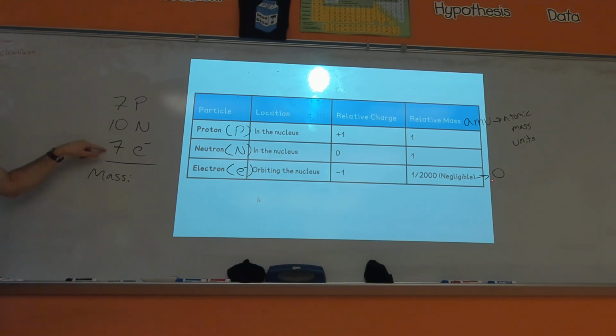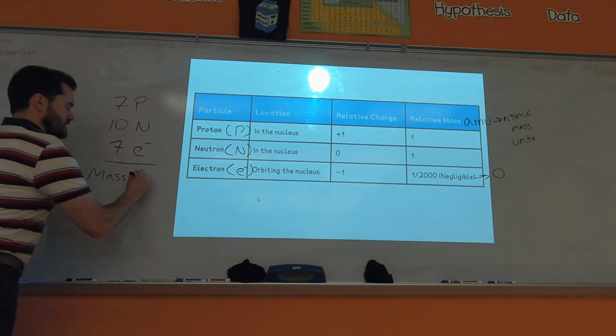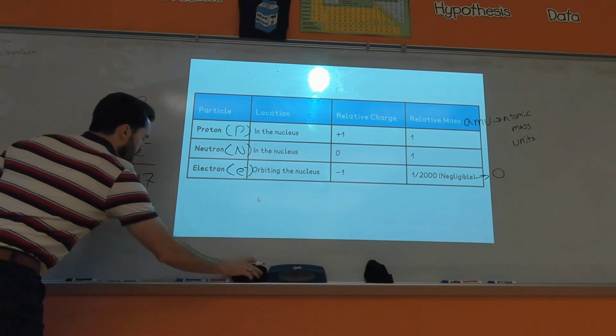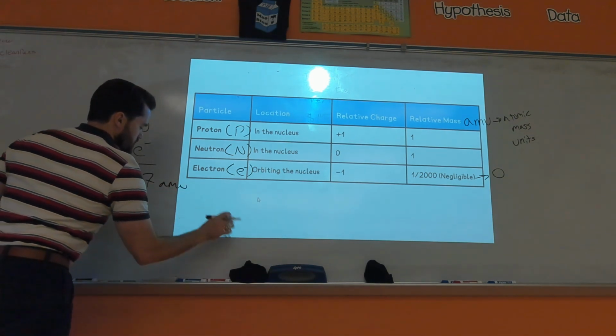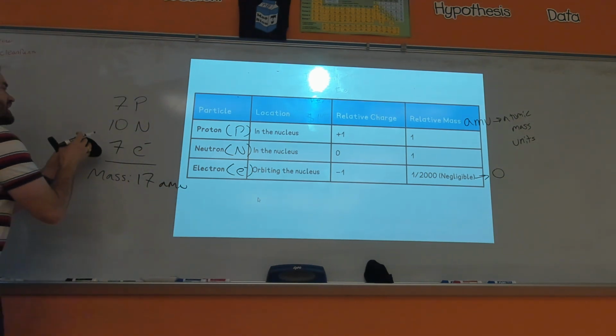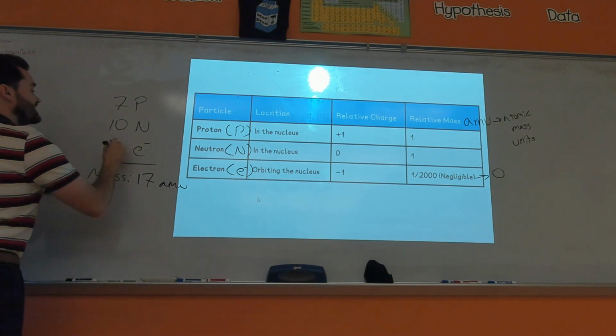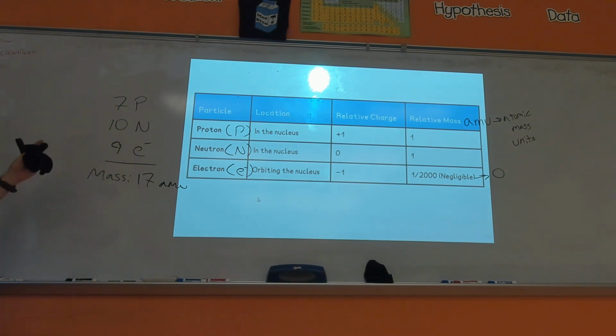But hey, electrons, we said their mass is basically 0. So you would just get 17. And 17 AMU, that would be your unit. Now let's say I have 9 electrons now for this atom. What would the mass be? 17 AMU, yeah. Because again, the electrons don't have a mass, so it wouldn't change.